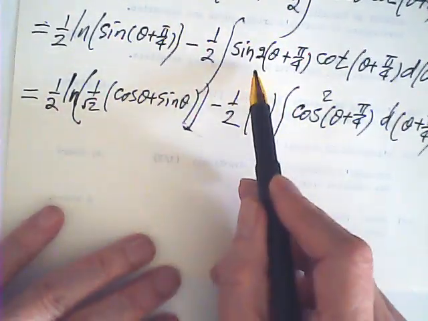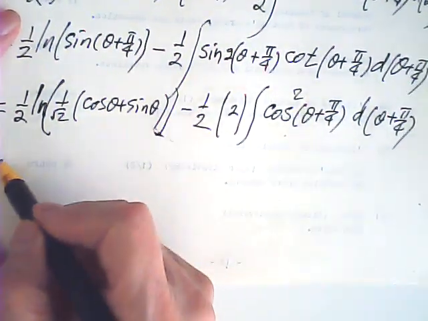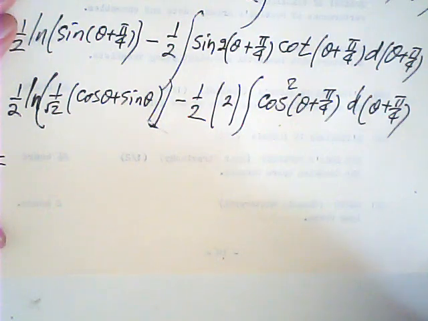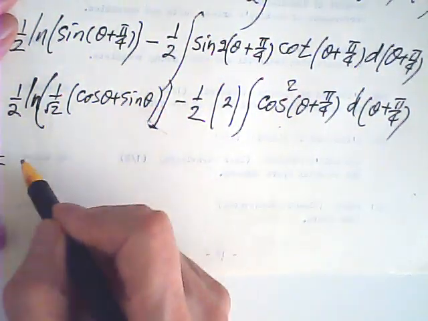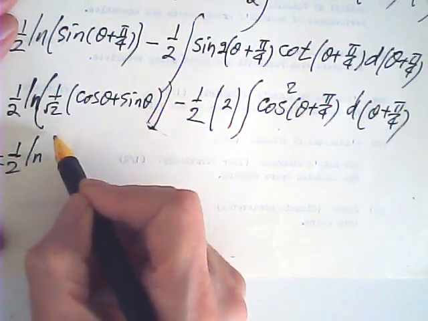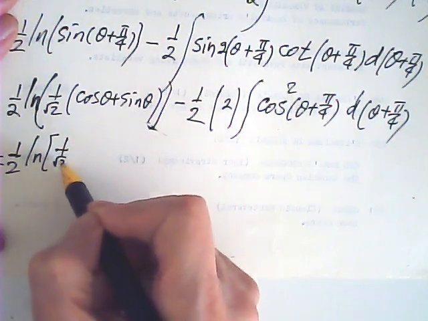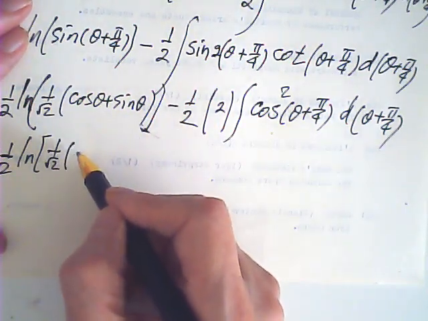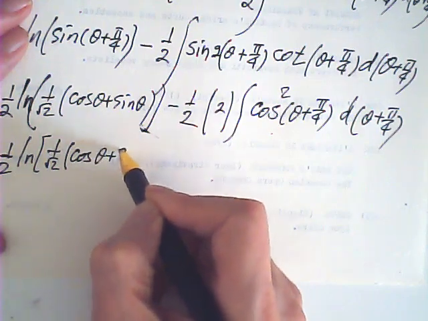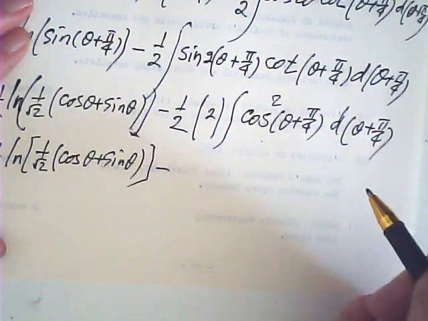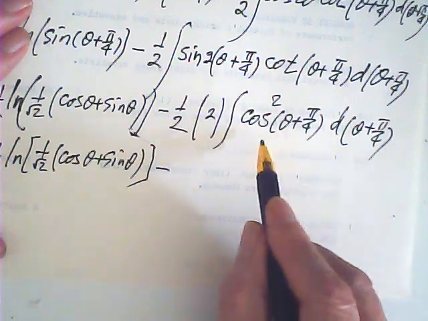Yeah. This one becomes this. Therefore, yeah, this will be 1/2 natural log 1 over root 2 cosine theta plus sine theta minus this one.